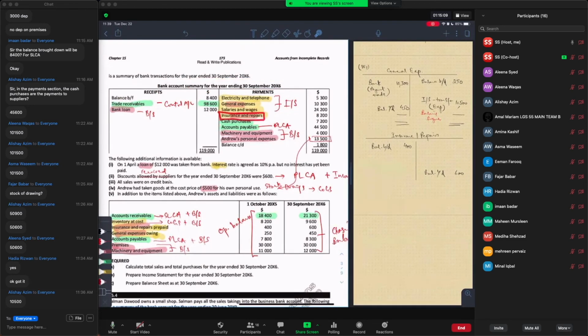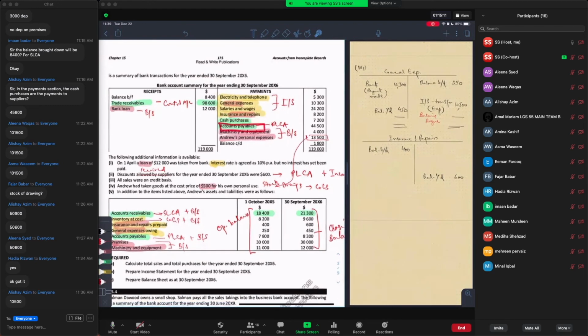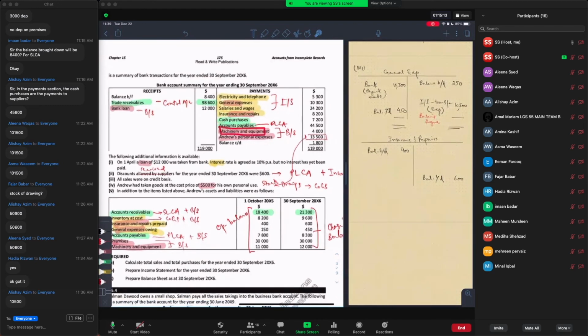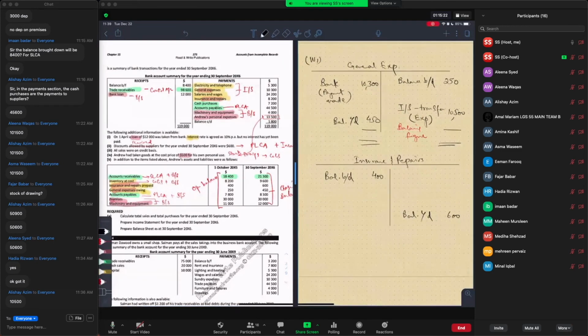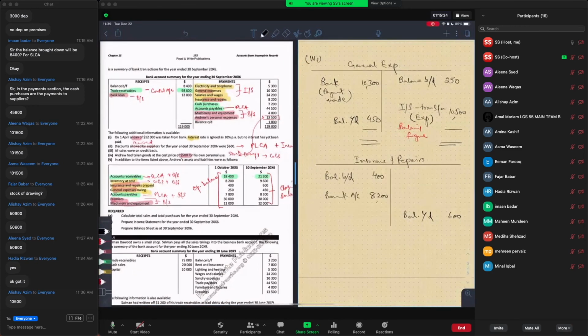So the insurance and repairs account is going to be debited with this $8,200. So $8,200 is going to be debited here. This represents the payment we made for insurance and repairs, right? So give me a green check if you understand.